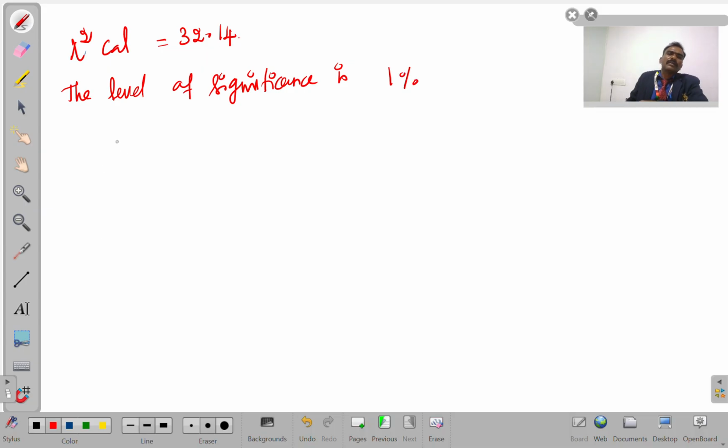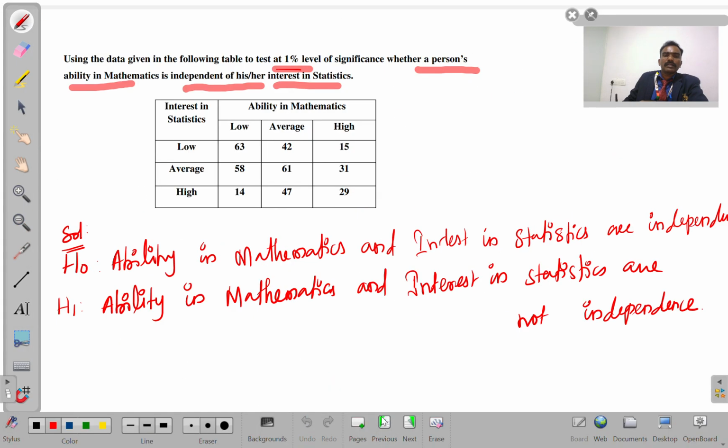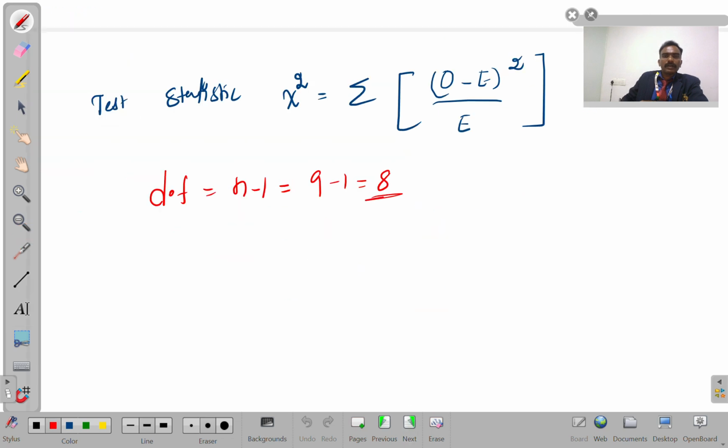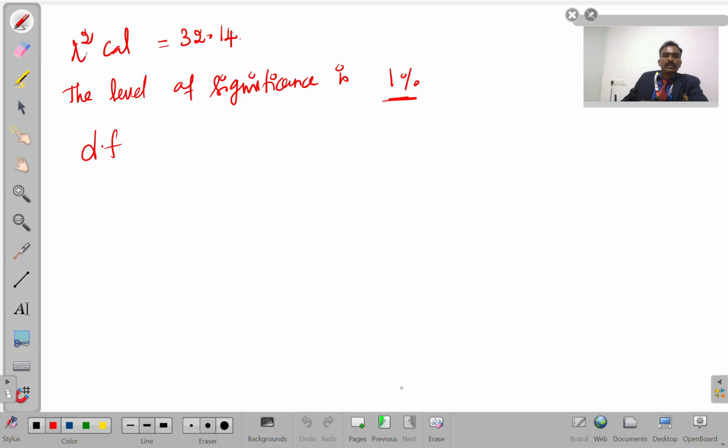We need to find the table value for the chi-square test at the level of significance and degrees of freedom. So here in this problem, what will be the degrees of freedom? Degrees of freedom is nothing but 9 minus 1, which is 8.